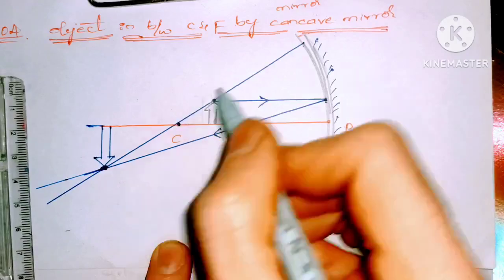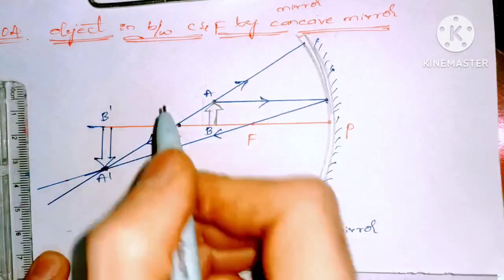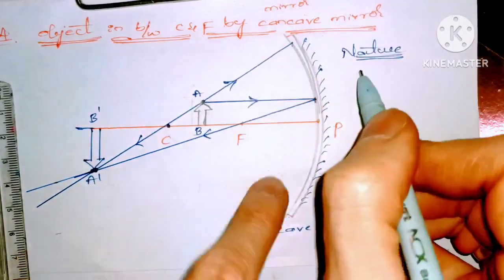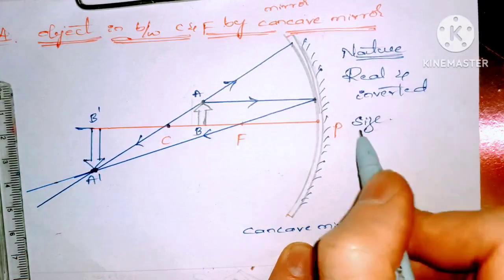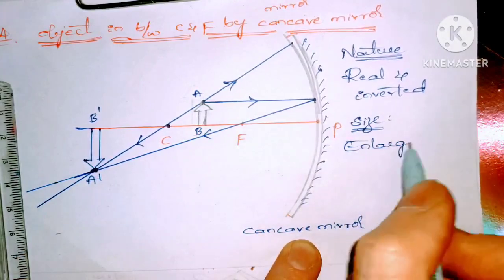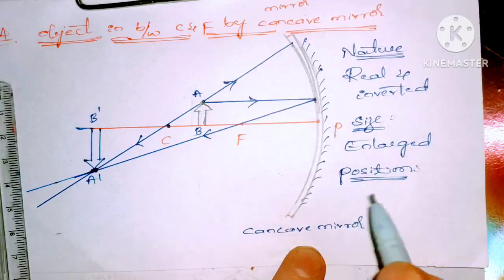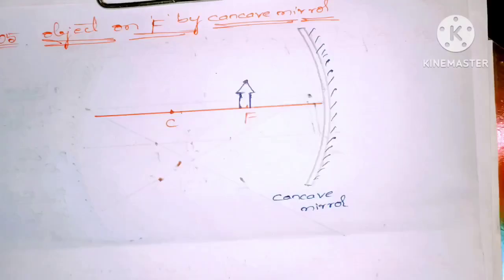Now where you have written the arrow marks, don't forget to write AB and A dash B dash. Now the nature of the image, as usual real and inverted. Now the size of the image, you check, is enlarged, little bigger than the object, so enlarged. Position beyond C, you have to write beyond C.